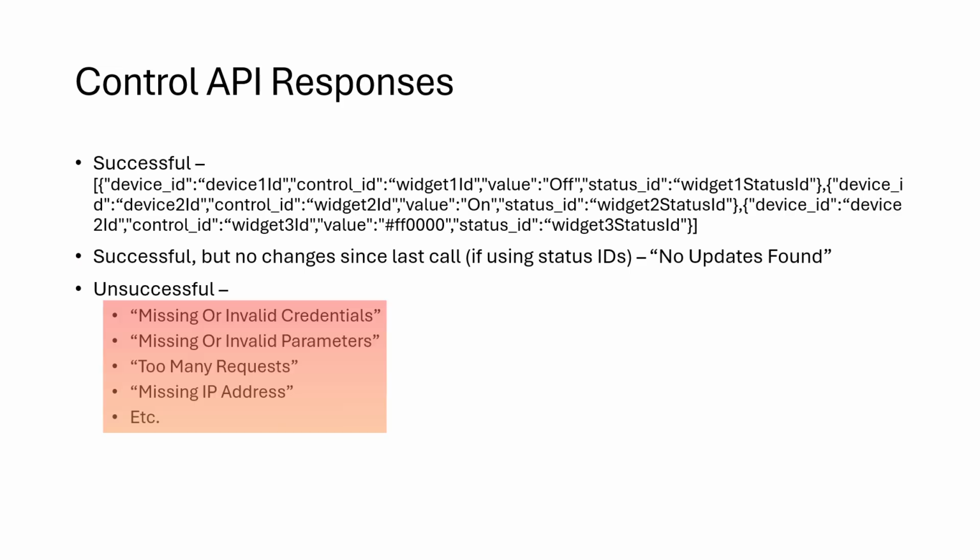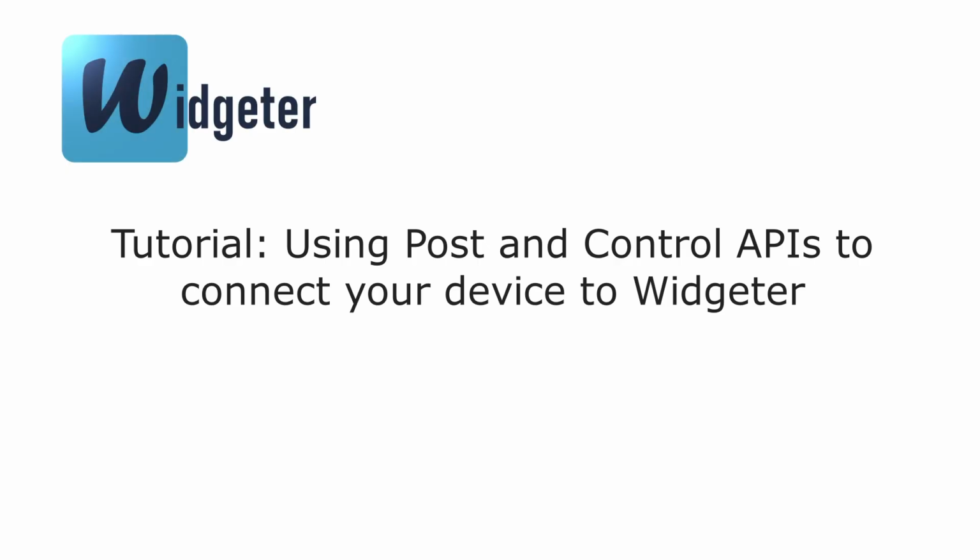Just like with the Post API, an unsuccessful request can yield one of a variety of responses, depending on the reason it was unsuccessful.